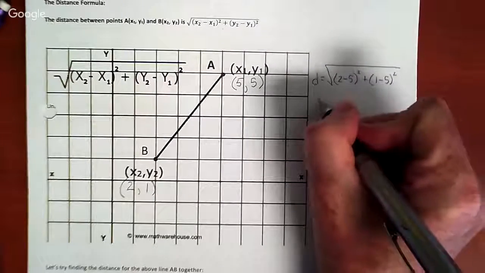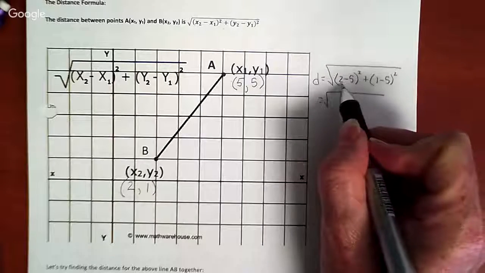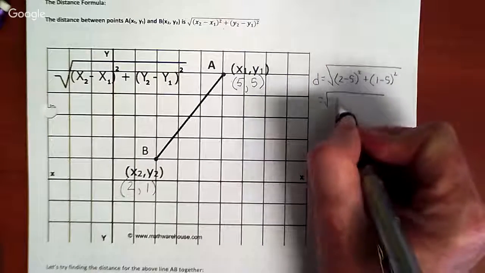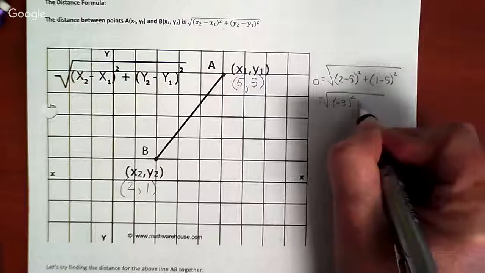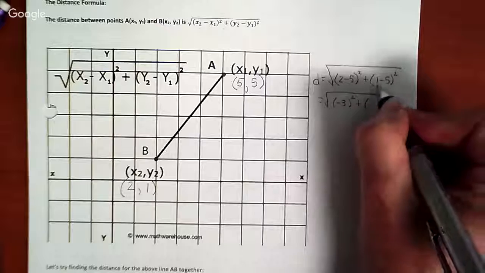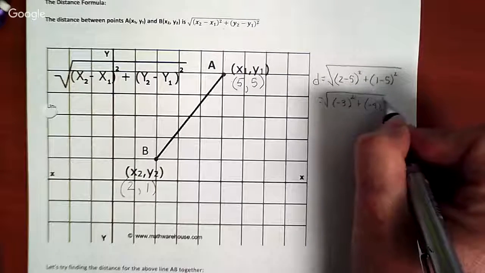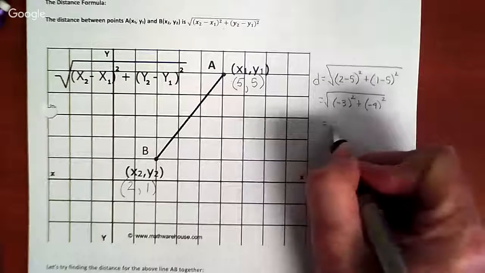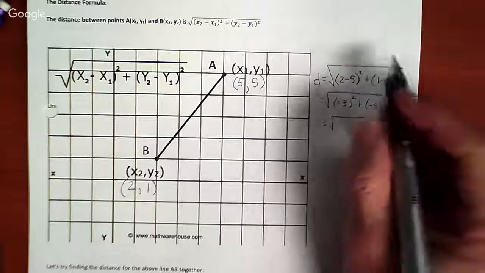All of this stays under the radical. 2 minus 5 is negative 3 squared, plus 1 minus 5 is negative 4 squared. Again, we're still under the radical sign.